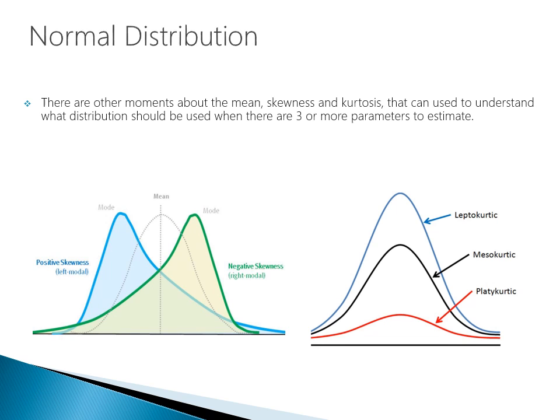There are other moments about the mean, skewness and kurtosis, that can be used to understand what distribution should be used when there are 3 or more parameters to estimate. So we can think of these normal distributions as kind of fluid objects. I sometimes think of them as kind of like jello molds.